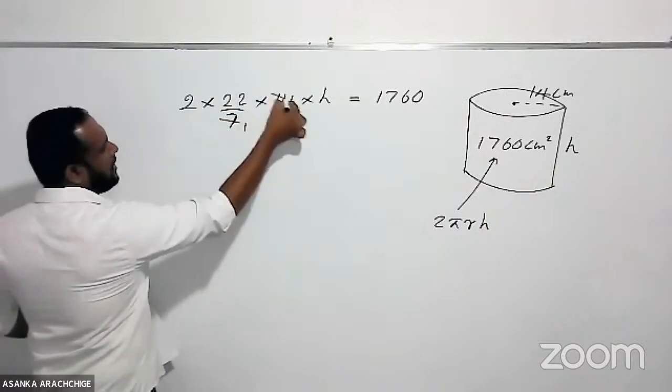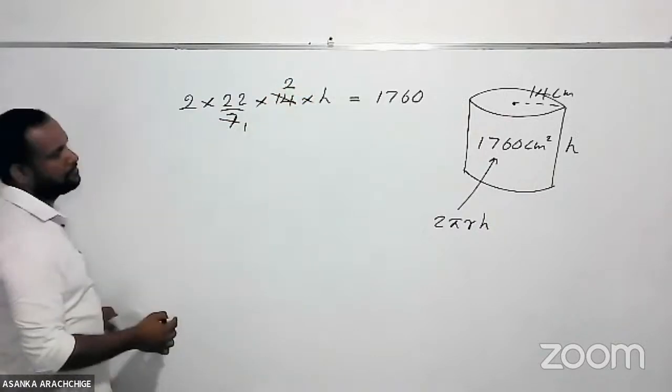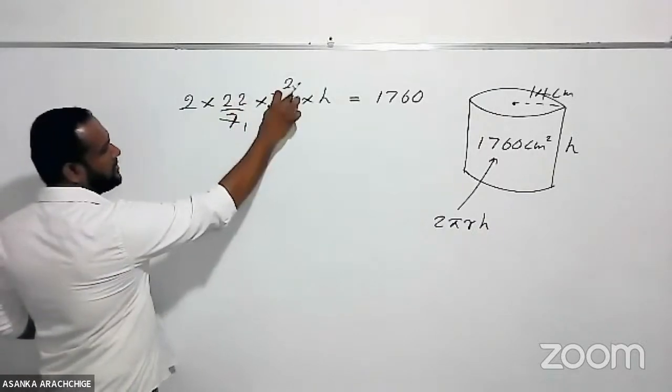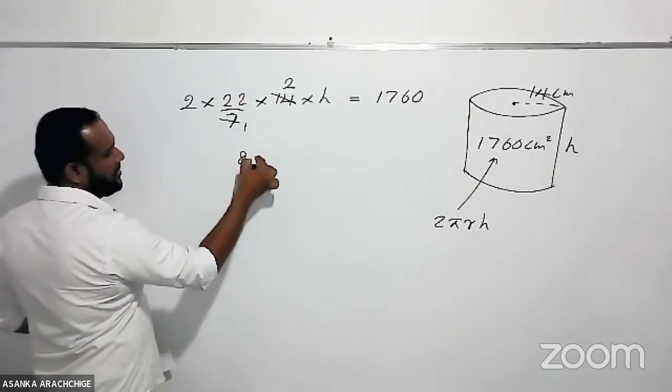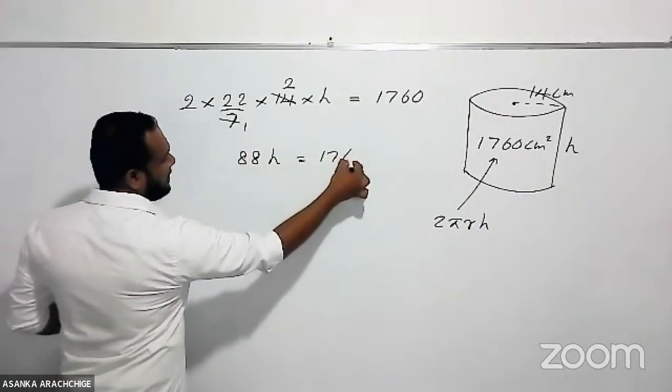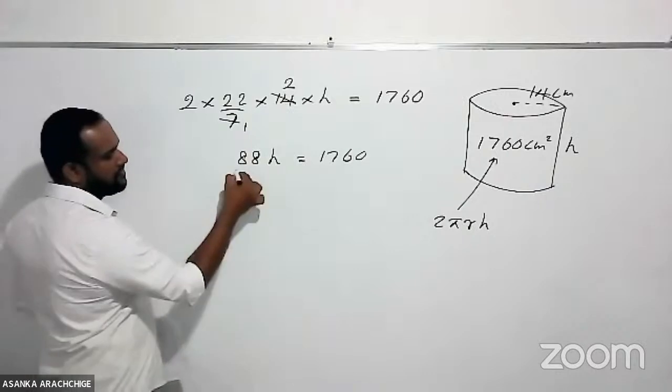7 times 1, 7 times 2. 2 times 22, 44 times 2, 88 times h. 88 h is 1760.